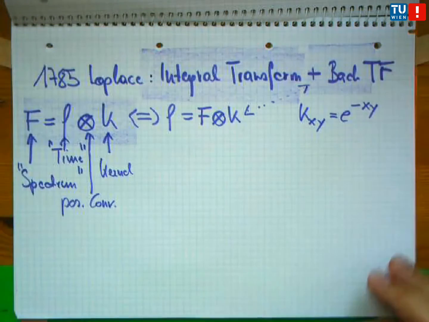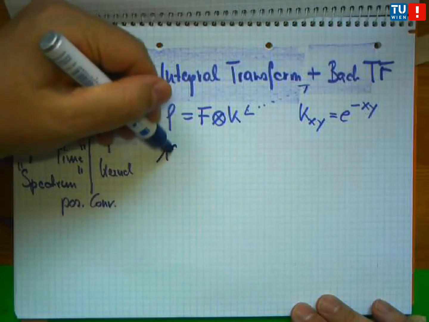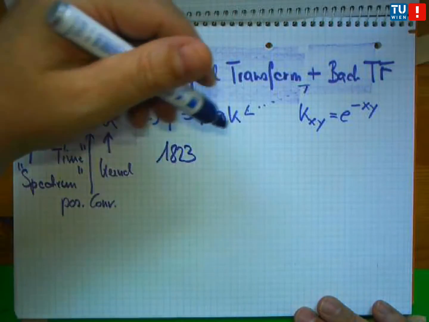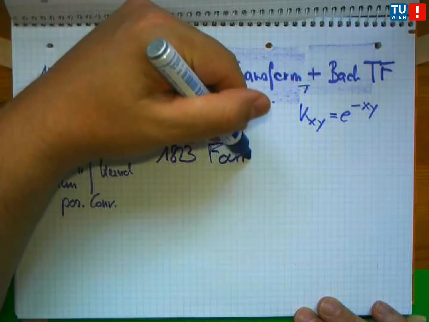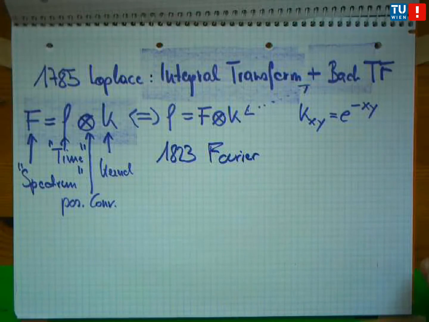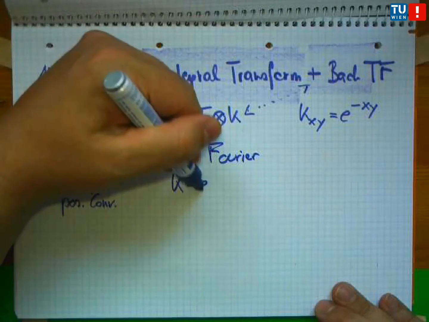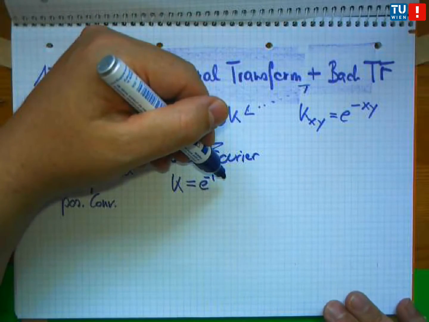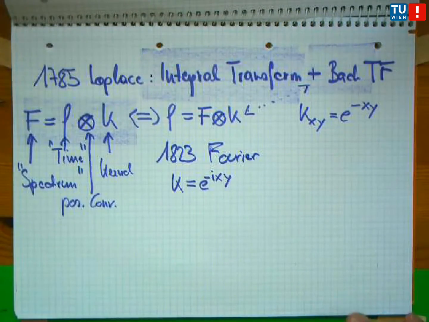The next important step came, I believe, in 1823, when the Baron Fourier suggested to do a different k and use a function e to the power of minus i, the imaginary number, square root of minus 1, x and y, instead of the Laplace kernel.